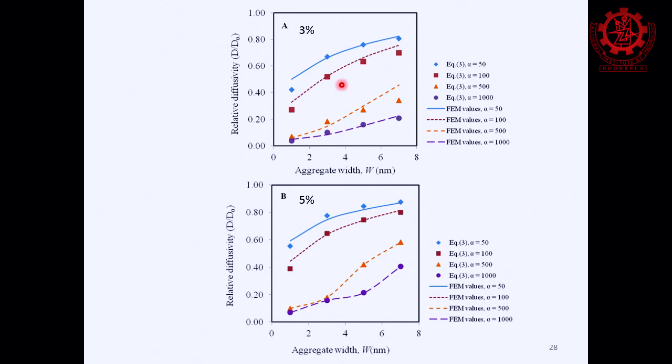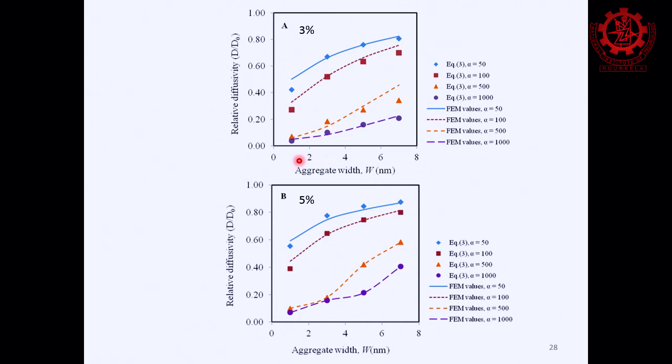In terms of the quantitative information, for example, this graph is showing that if you have 3% of this platelet distributed into the polymeric structure, and this is the aggregation width.